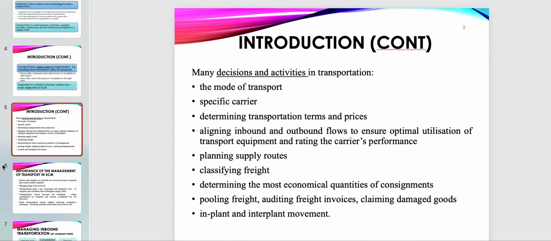It is also about planning the supply routes, classifying freight, determining the most economic quantities of consignments, pooling the freight, auditing freight invoices, and claiming for any damaged goods. Then again, within the organization, it is also about organizing in-plant and interplant movement.